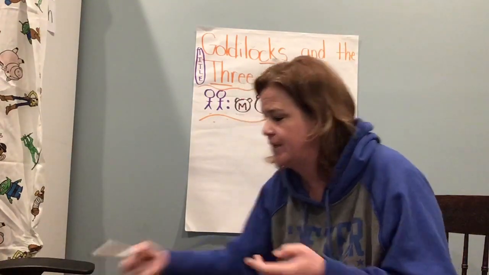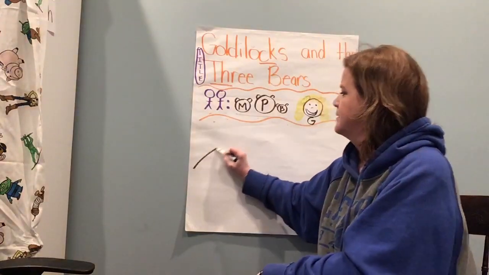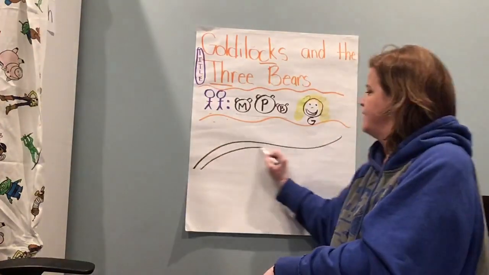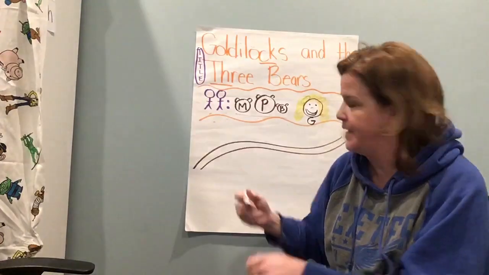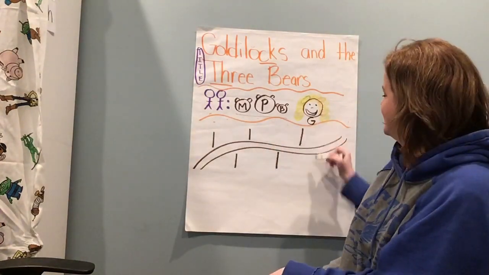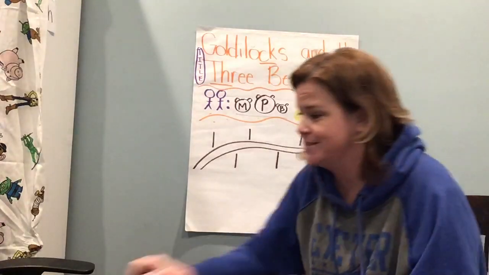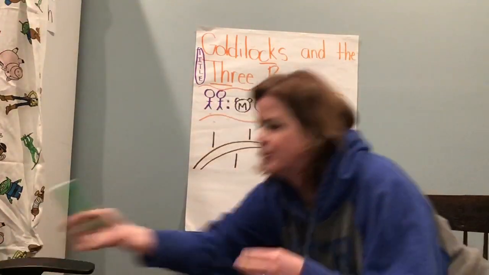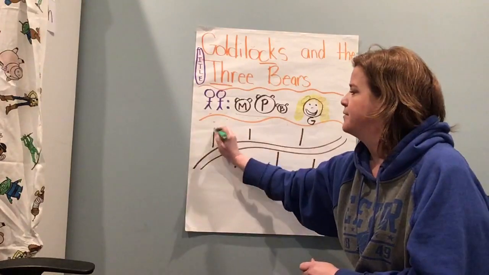So I'm going to do two things. First, I'm going to make a path in the forest, okay? And wait till you see what these are. These are going to be trees. I probably can make this a quick tree.